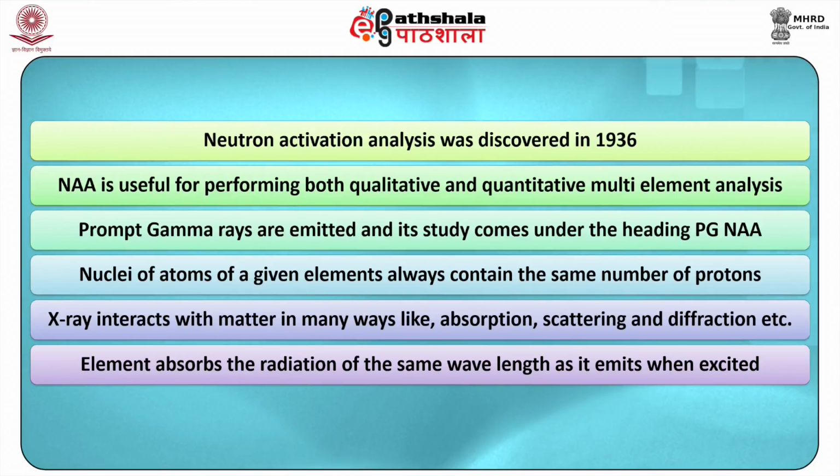Prompt gamma rays are emitted and their study comes under the heading PG-NAA, and measurements are taken during irradiation. The nuclei of atoms of a given element always contain the same number of protons. However, the number of neutrons in an atom of the element may vary.